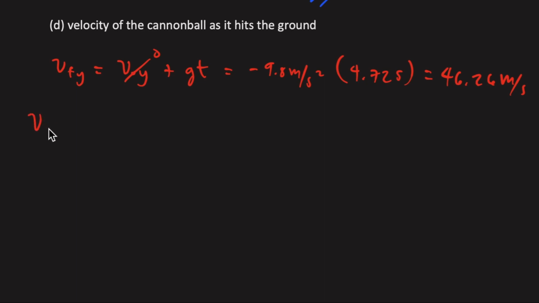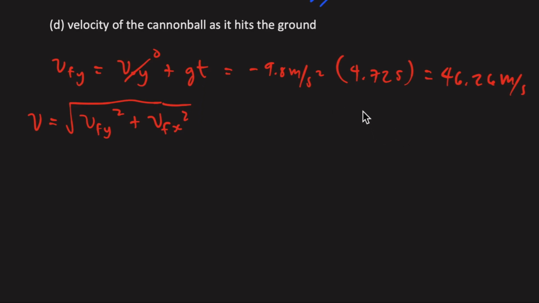Now, this is just Vy, but we're looking for the velocity of the cannonball. So the velocity of the cannonball is equal to the square root of Vfy squared plus Vfx squared.